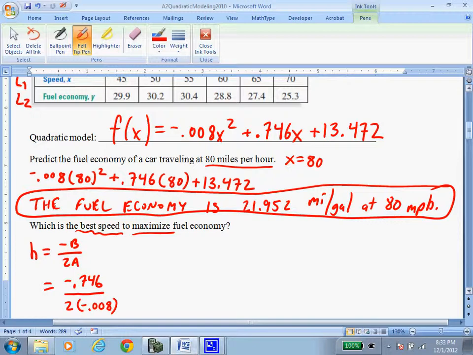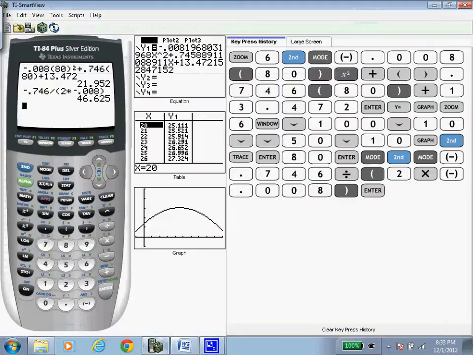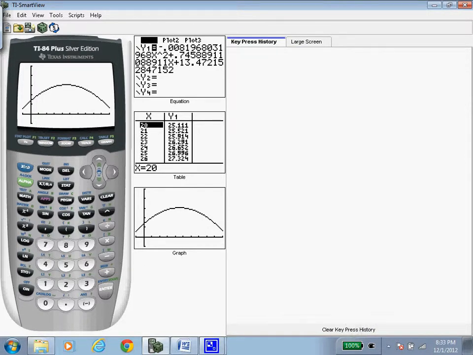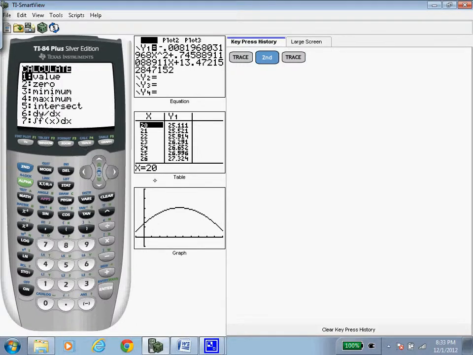Now, again, you could also use your graphing calculator to do this. And so I'm going to go back to the graph, and I'm going to do second trace, and you'll notice that I have options 3 and 4 for minimum or maximum.